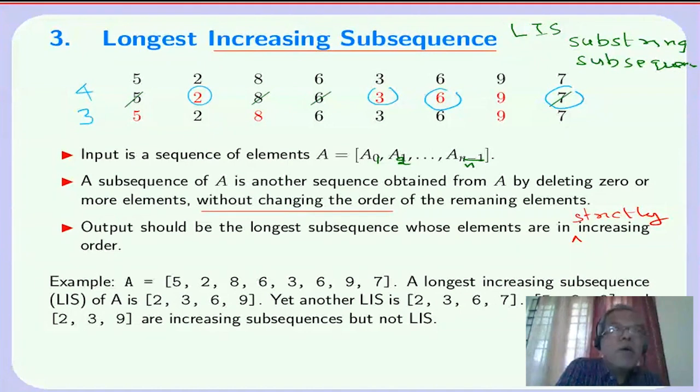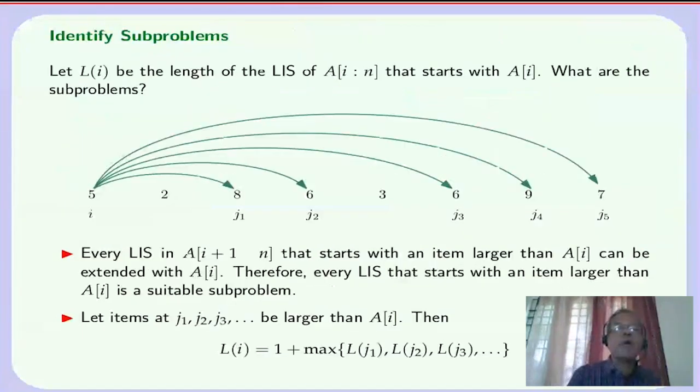Then 5 may be either a part of the final LIS or 5 may not be a part of the final LIS. It is his suggestion. So there are 2 subproblems. Is that right? His suggestion is 2 subproblems. Okay, let us go on.